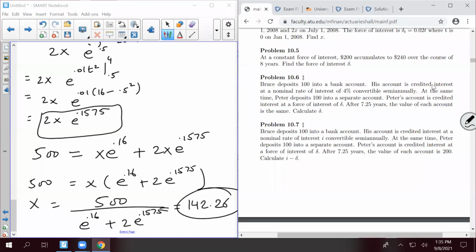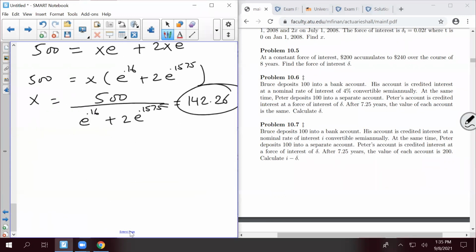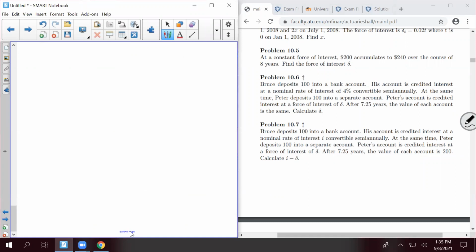Okay. Let's look at number 7. Bruce deposits 100 into a bank account. His account is credited at a nominal rate of interest I convertible semi-annually.